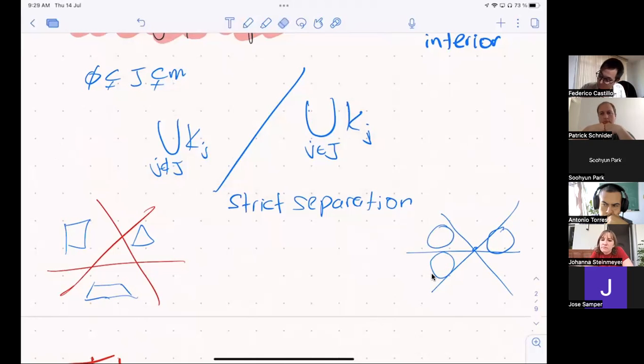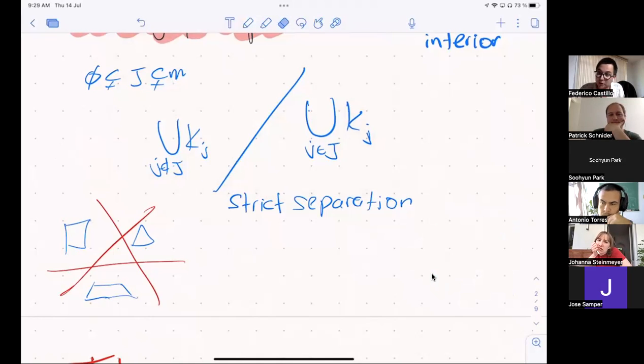Anyways, you can have a situation in which you have no strict separation. This is similar, in dimension 2, to when I really mean that they are disjoint. They have to be disjoint.